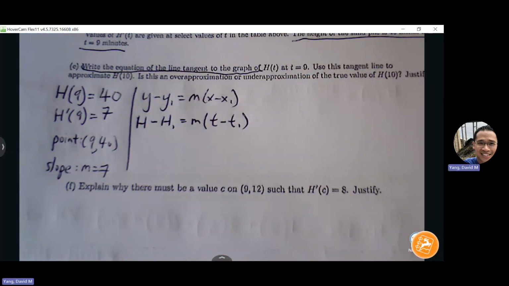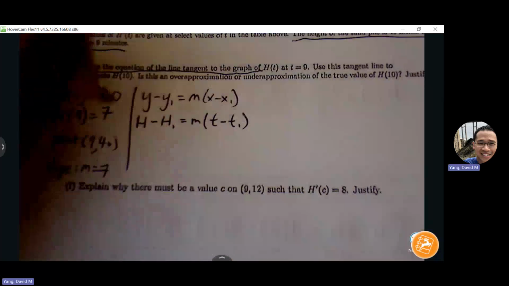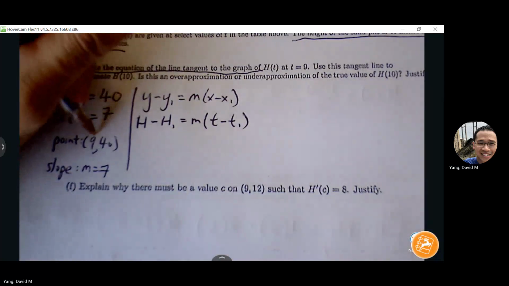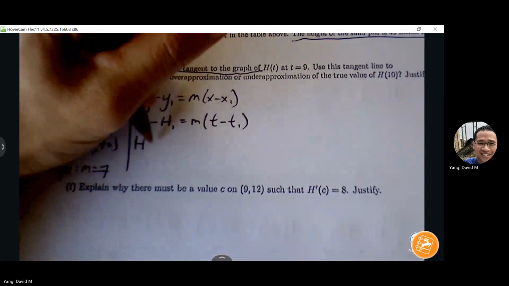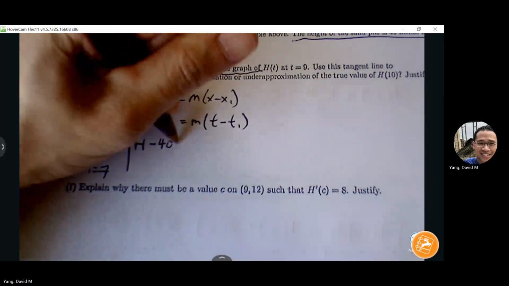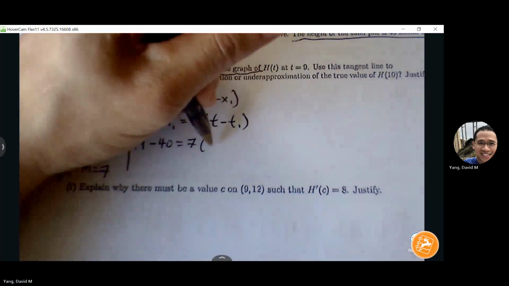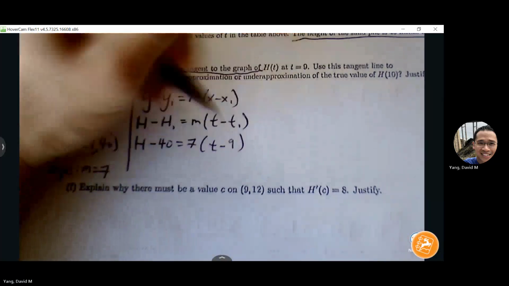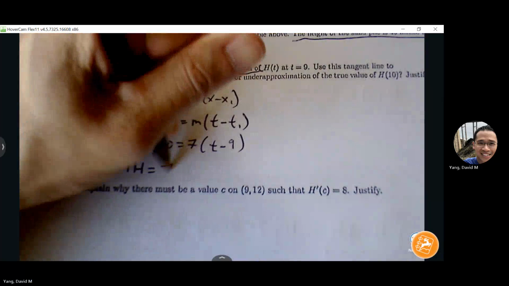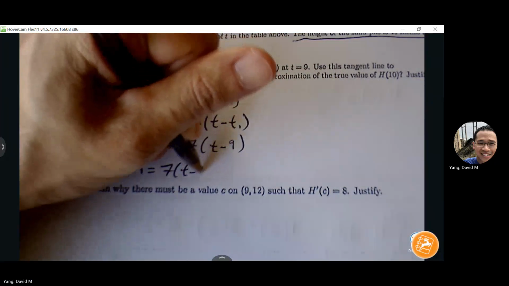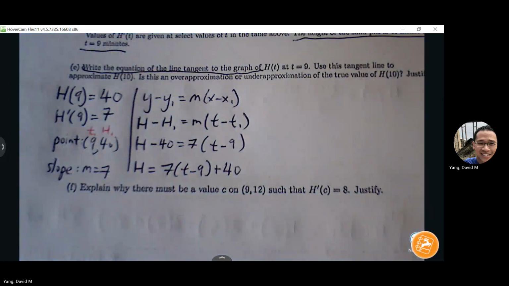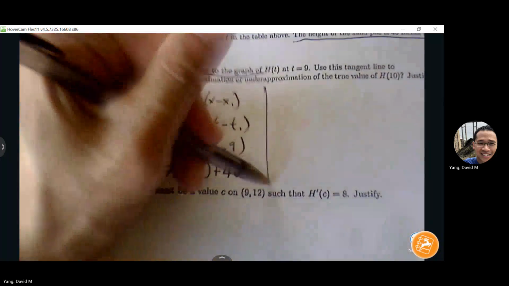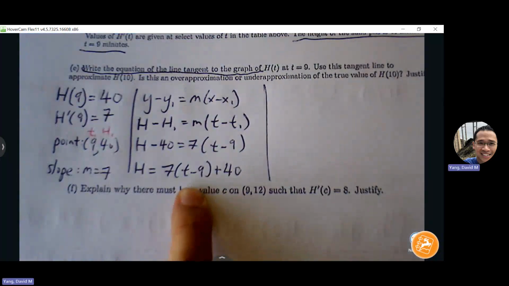And I'll replace h1 and t1 with my point, and then build my equation. Solve for h. All right, we have our tangent line equation. Any questions?